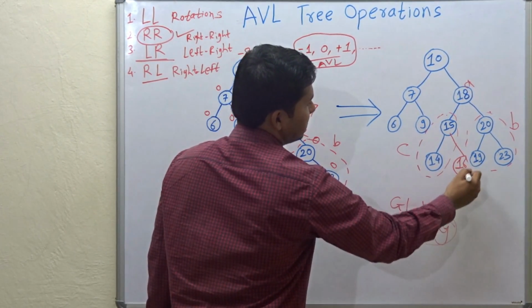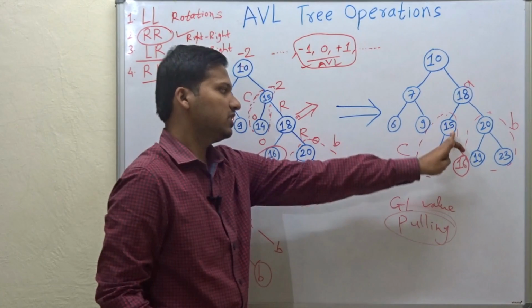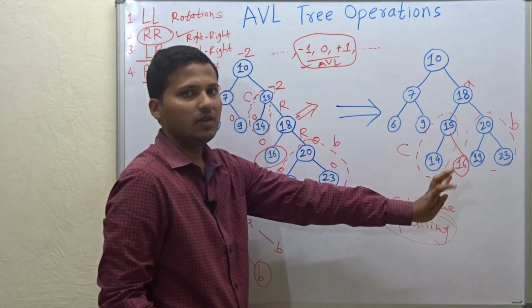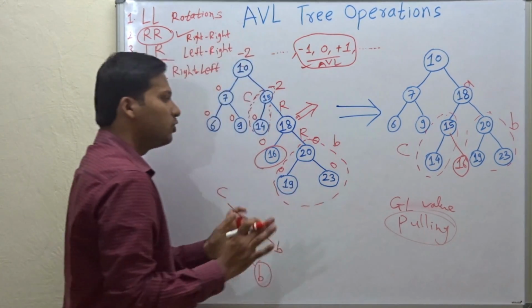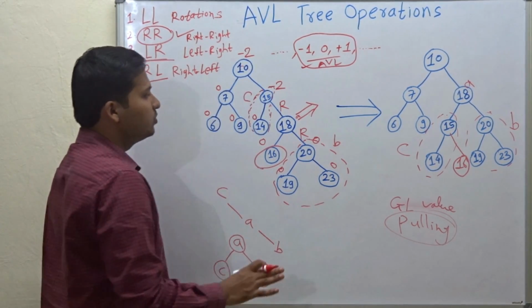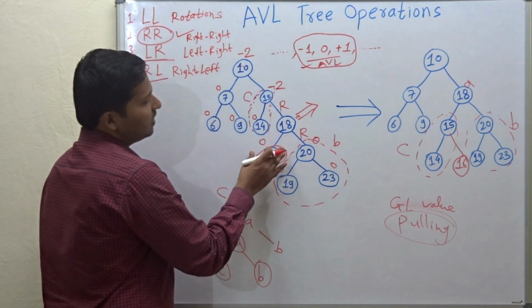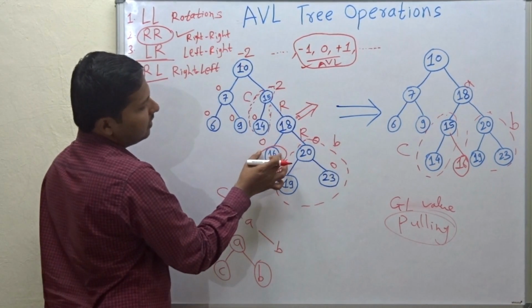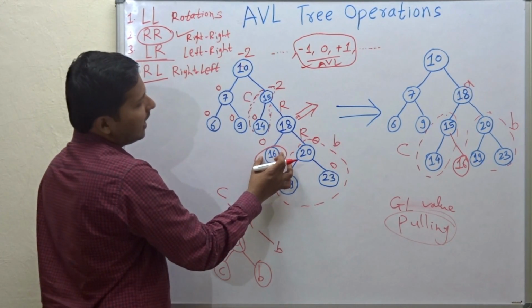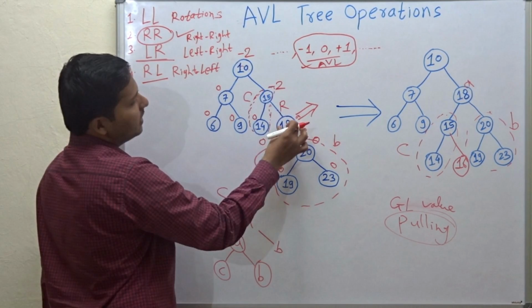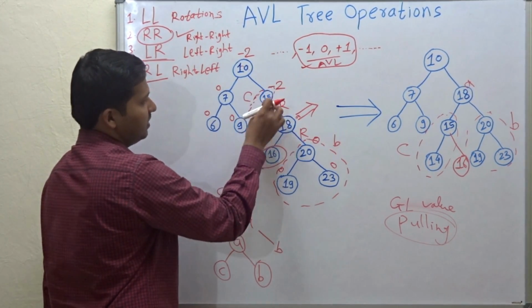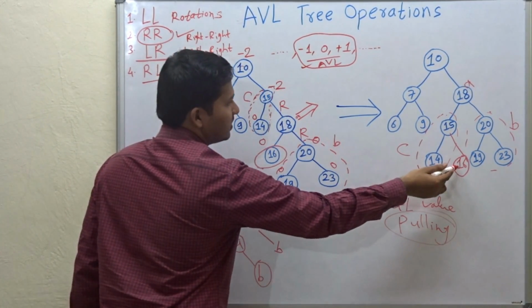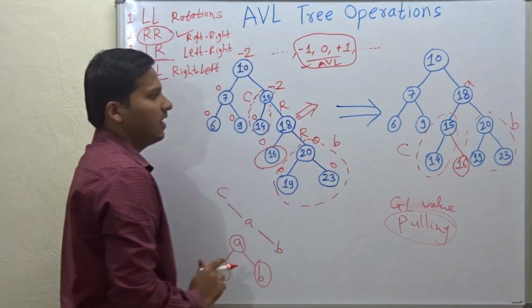So put 16 there. So 16 comes here. Mechanically, if you want to do it without watching the values, then a rule is that when you pull A, attach 16 as the right child of A's parent. So we have attached 16 to 15 as the right child.